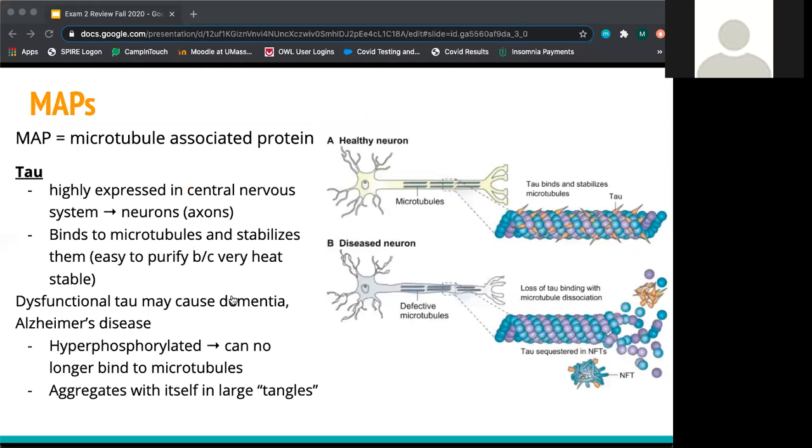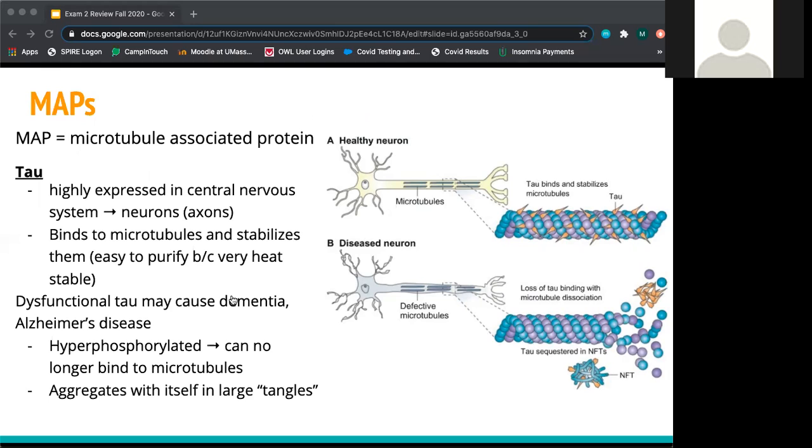So now we're going to talk about MAPs, microtubule associated proteins, and tau is the most important one. So tau is highly expressed in the central nervous system, so especially in the axons, and they bind to microtubules and stabilize them. And this is important because they're very heat stable.